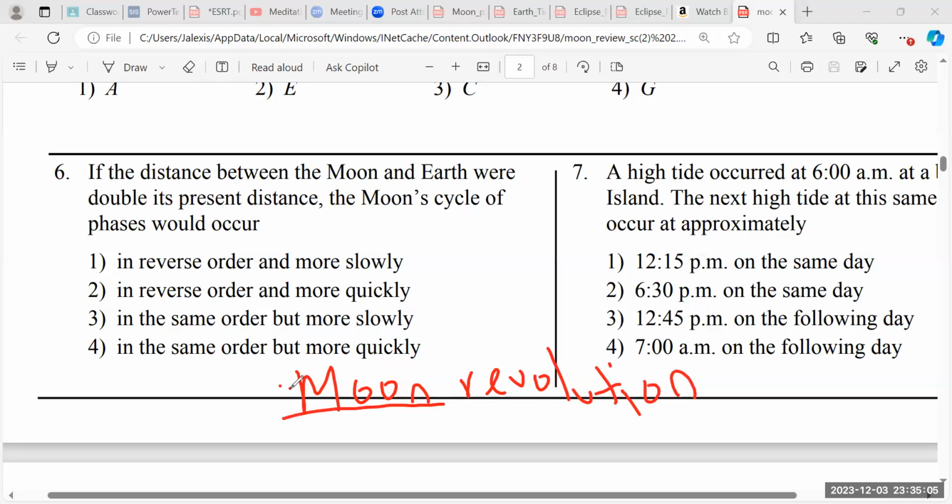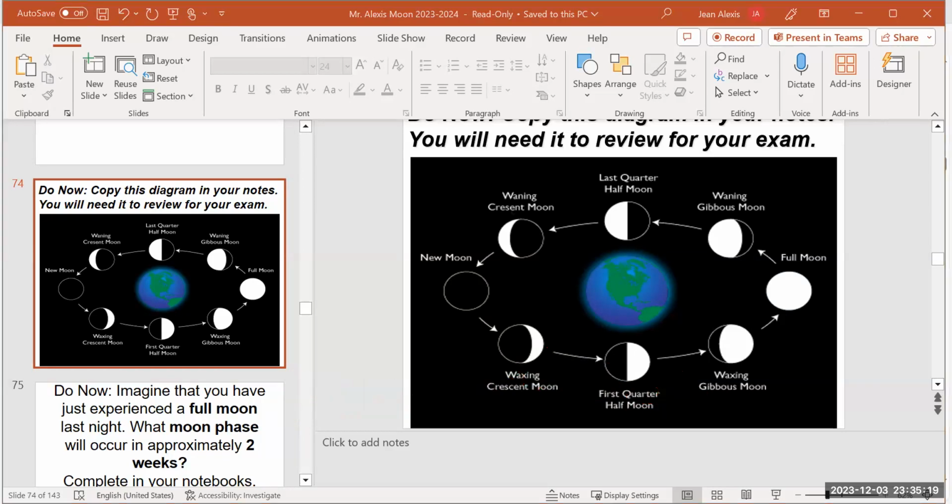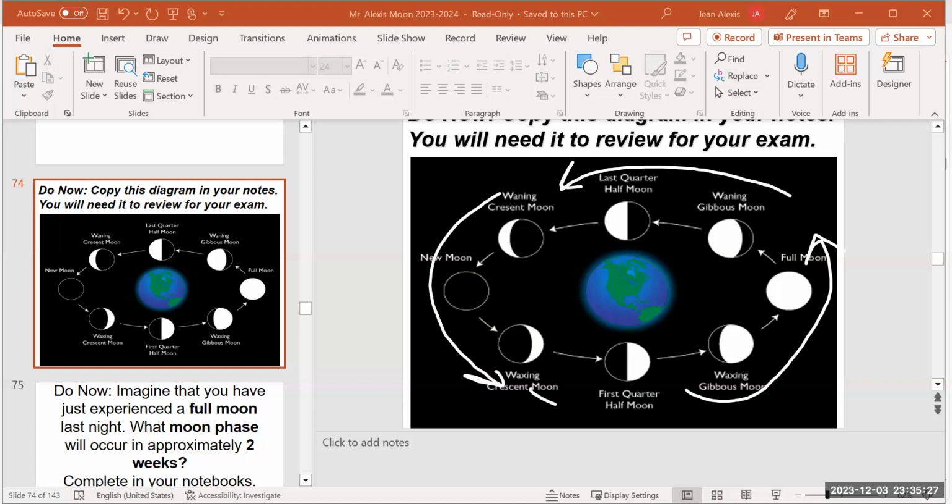That's why we have lunar phases, because the moon continues to go around the Earth, okay?